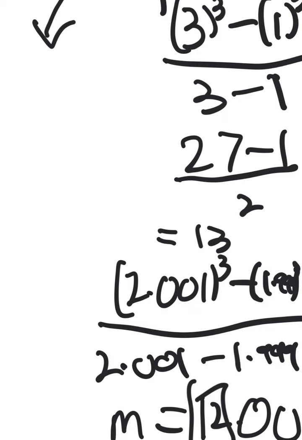So the formula for the average rate of change between these 2 points will be f of x plus delta x minus f of x divided by x plus delta x minus x. And then if you notice, these x's just cancel, and we're left with just delta x at the bottom. So this is a general formula for the average rate of change between 2 points.